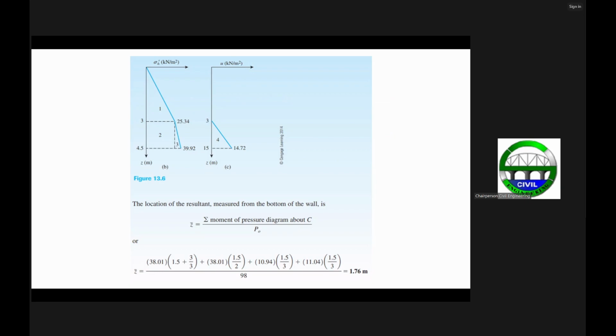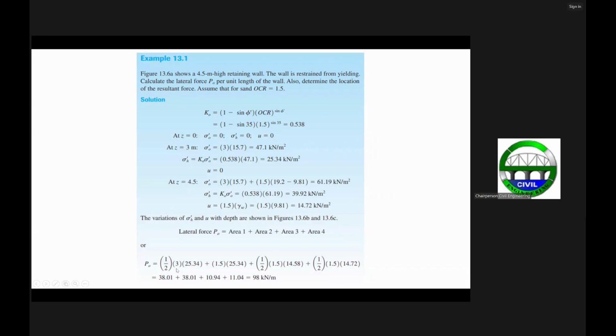So to get now the total force, we just sum up the pressure diagrams here. Say for this pressure diagram 1, 2, 3, and 4. For pressure diagram 1, that's just 1/2 of 3 times 25.34.